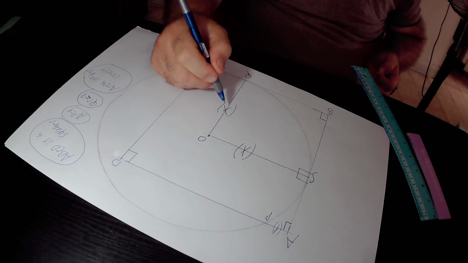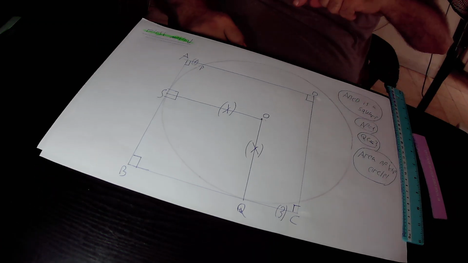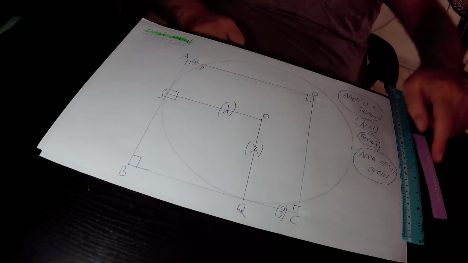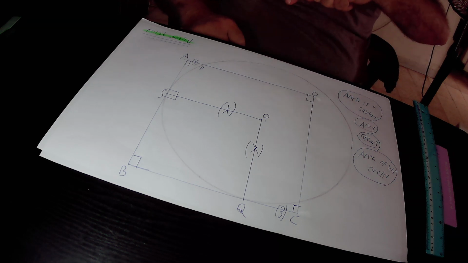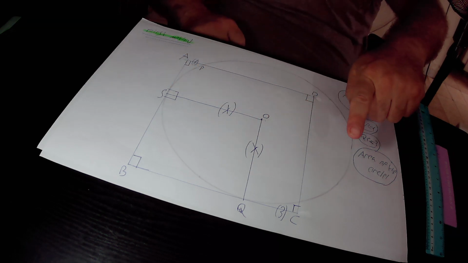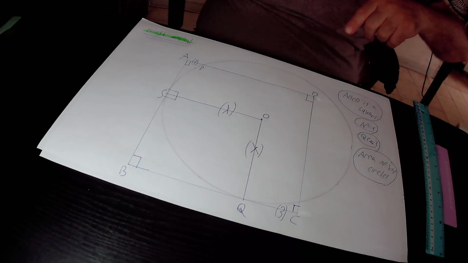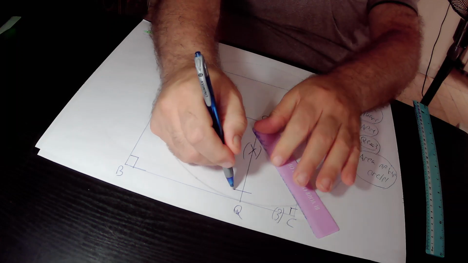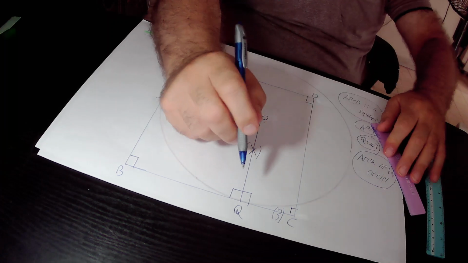We can implement rule 1 here because we have the radius OQ that is equal to x. The radius OQ is drawn to point Q, that is the point of tangency of tangent BC with this circle. Whenever your radius is drawn to the point of tangency, then tangent BC will be perpendicular to the radius QO. If BC is perpendicular to QO, it means that this angle equals 90 degrees, and this angle also equals 90 degrees according to the same rule, rule 1.